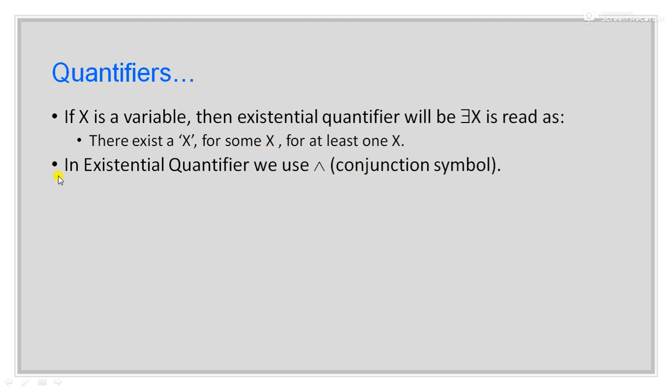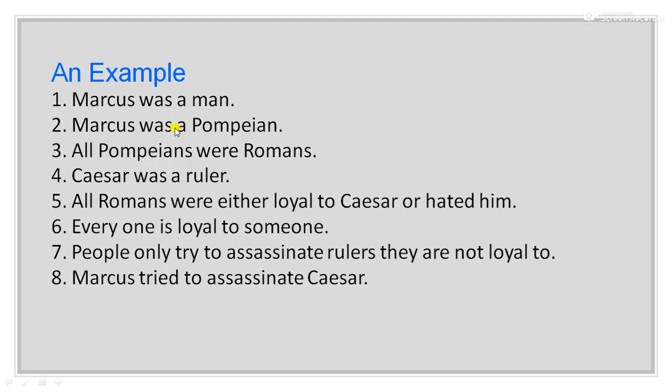Now here is one example, and it consists of many statements, and we will try to represent all these statements using predicate logic. First statement is Marcus was a man. Second is Marcus was a Pompeian. Then all Pompeians were Romans. Caesar was a ruler.